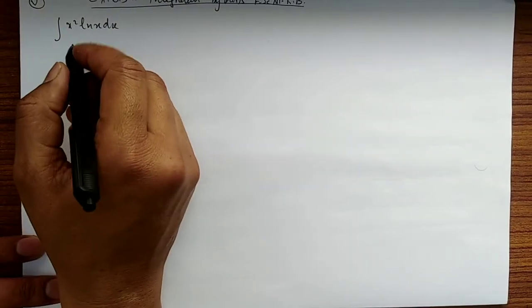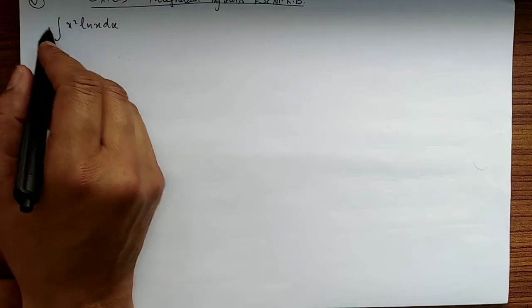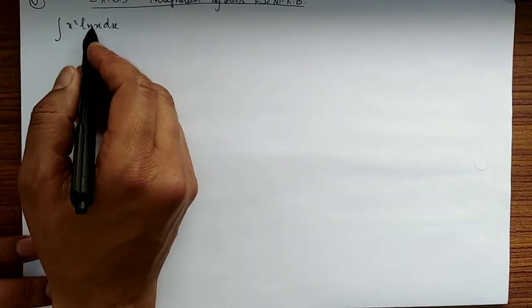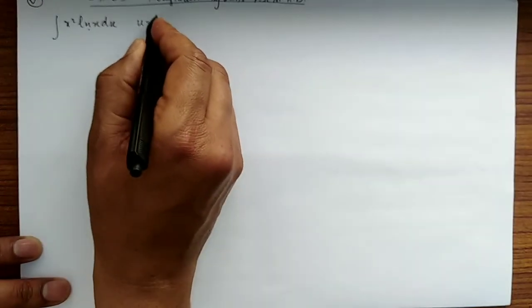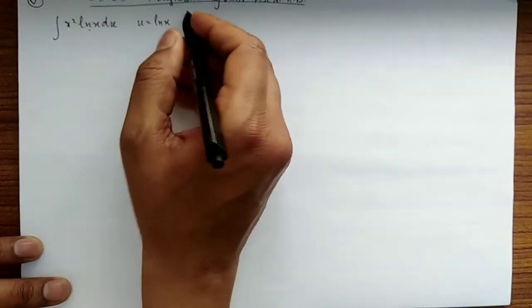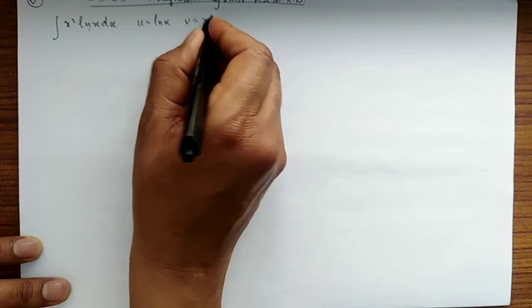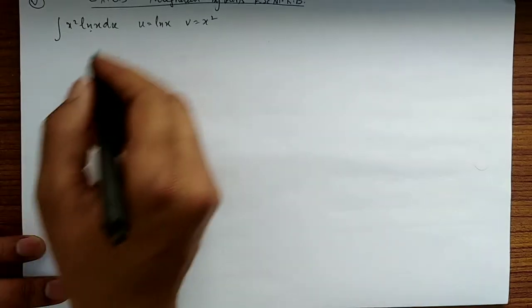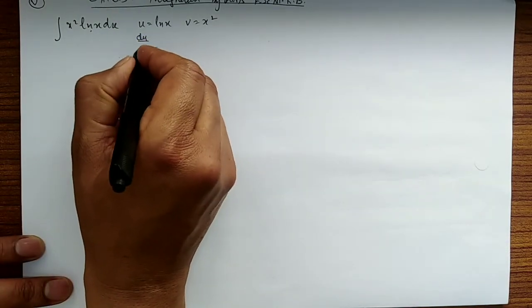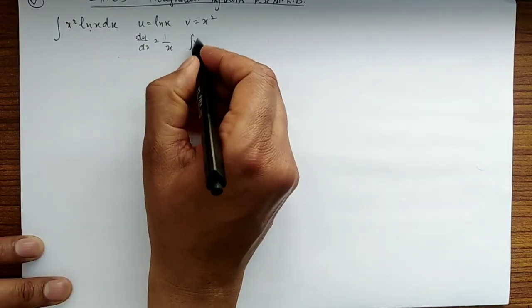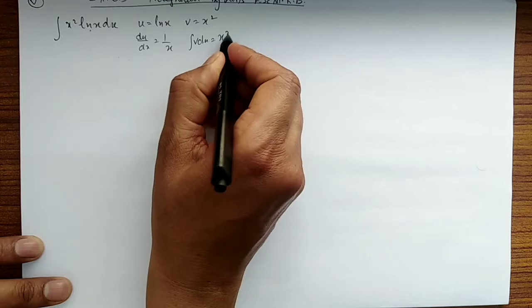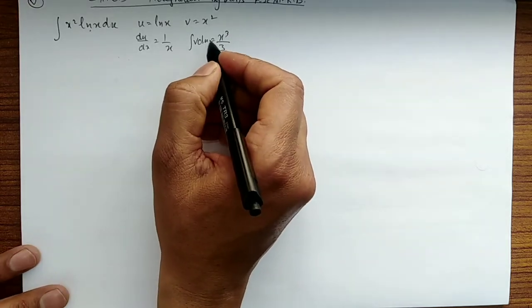Okay, now for this question, part 5, exercise 6.5, taking u as ln x and v as x square, and taking the derivative du upon dx, that is 1 upon x, and the integral of v dx is x cube upon 3.